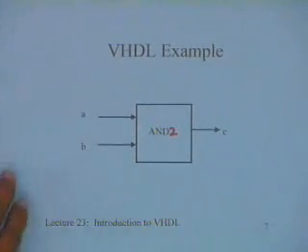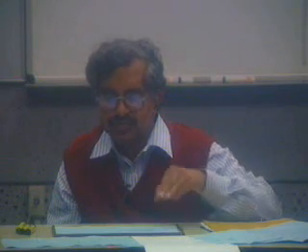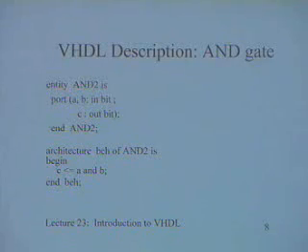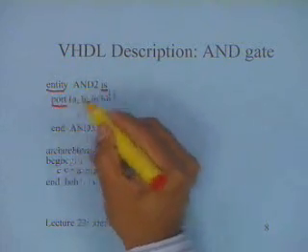And of course, the unique thing about this is an entity. I have to define an entity for it, and I have to define an architecture. So let me underline the keywords.